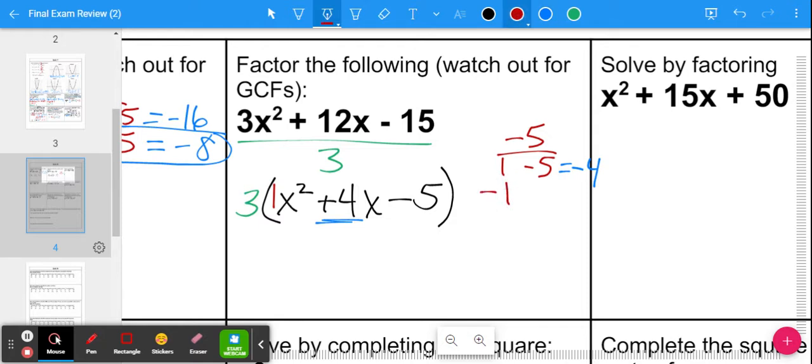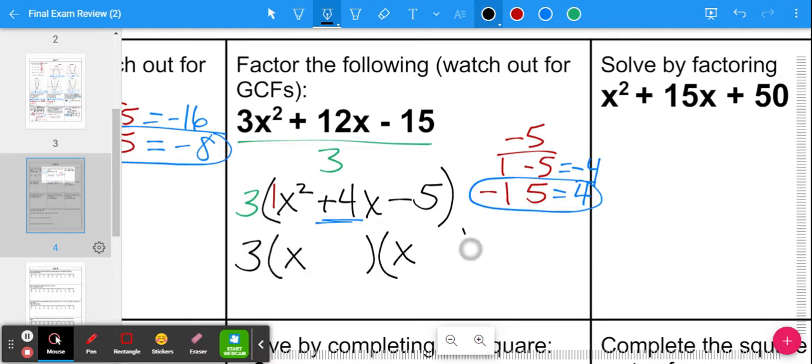So let's try negative 1 times positive 5, which gives me 4. So those are my factors. So don't forget your 3 when you bring this down. And again, because the a value is 1 in the trinomial I was factoring, I can just put my factors into the binomials.